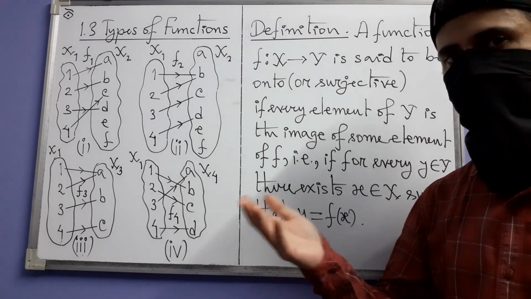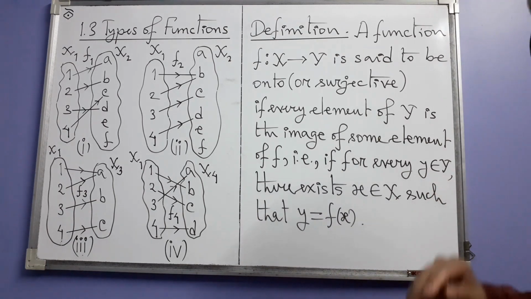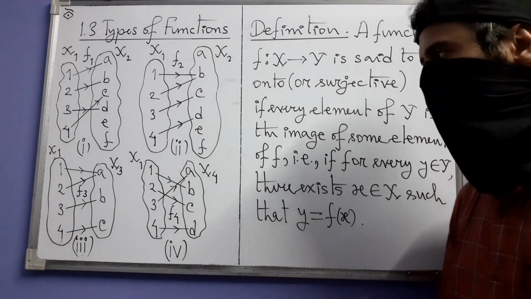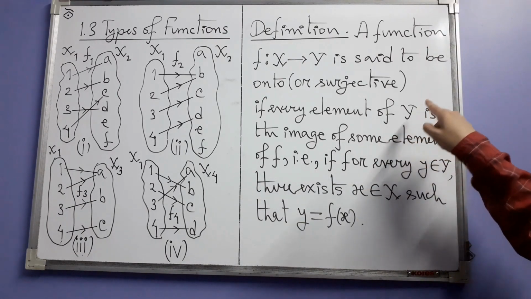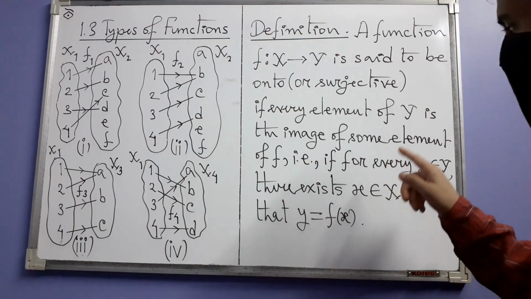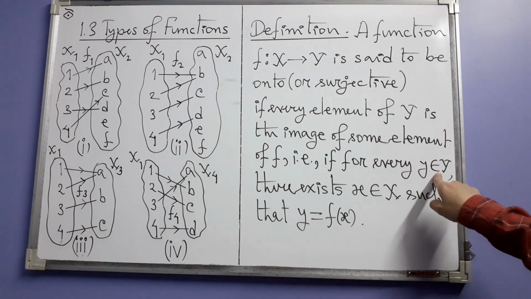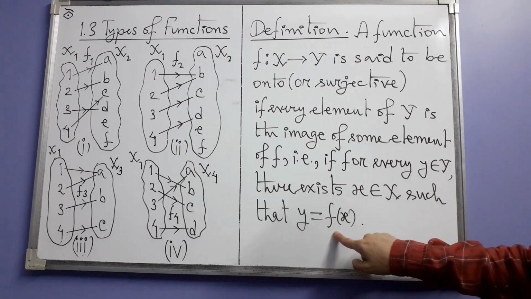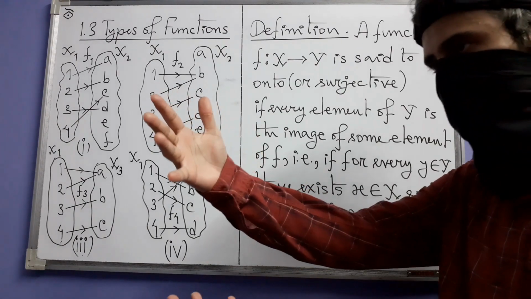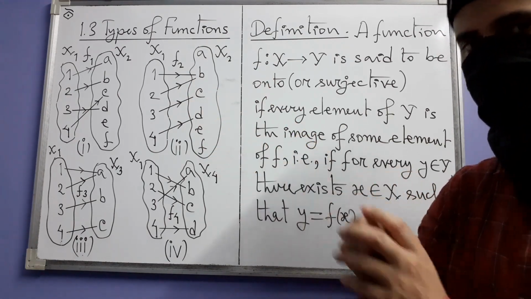In our analogy of a border and soldiers shooting each other, this means that a shootout is onto if every soldier from the side that is being attacked is being attacked by someone from the attacking side. That is, every soldier y in Y is being attacked by some soldier x in X. If that's the case, then the function is onto, as opposed to this more restricted type of attack.